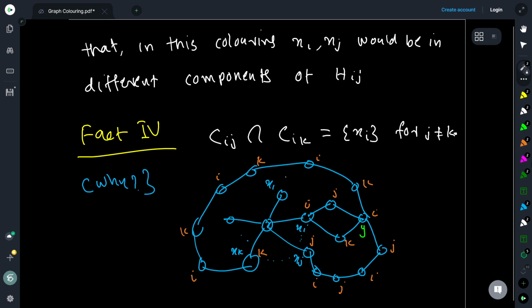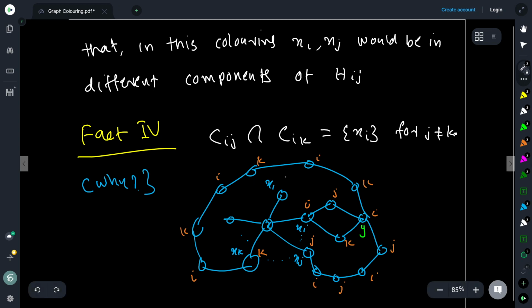Now if you take these two paths, the claim was that the only intersection point is the singleton x. But suppose not. If it is not, then it must intersect at some other vertex. So if the ij component and the ik component intersect, it can be only at a vertex which is called i.